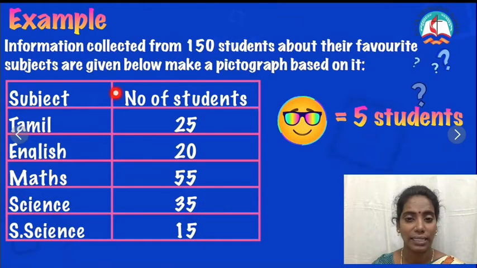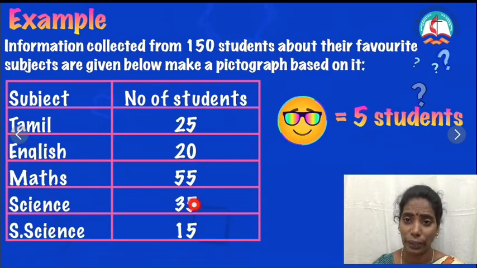The table is given: Tamil, English, Maths, Science and Social. These are the children, and they said which is their favorite. The number of students: Tamil 25, English 20, Maths 55, Science 35, Social Science 15.